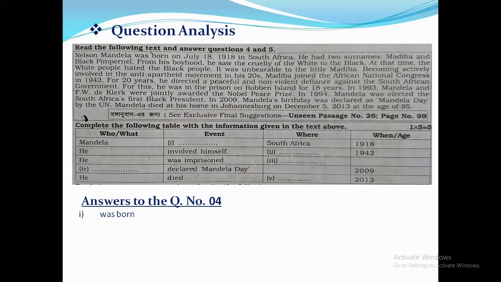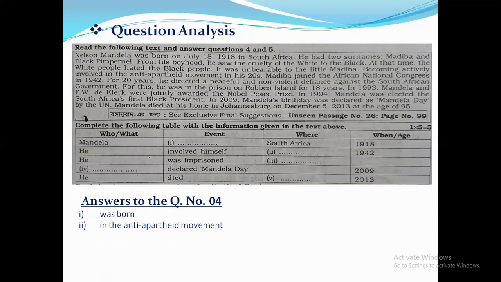Okay. Number two, it is under where. That means he involved himself in 1942. Where? The answer will be in the anti-apartheid movement. Anti-apartheid means against racial discrimination.